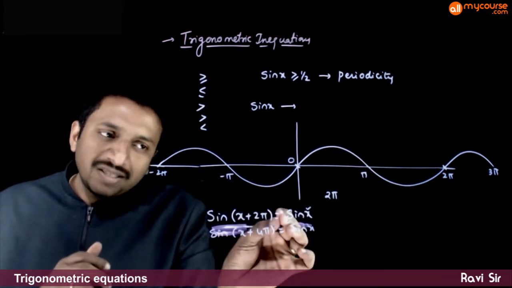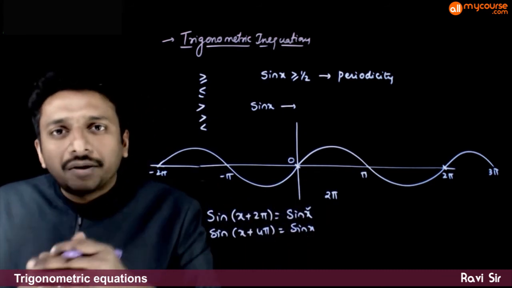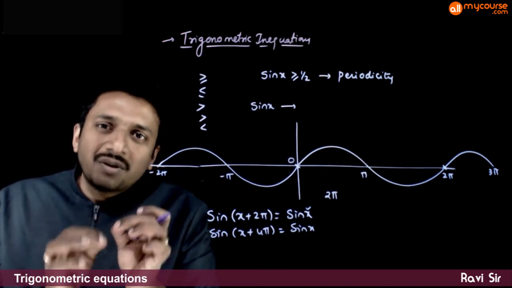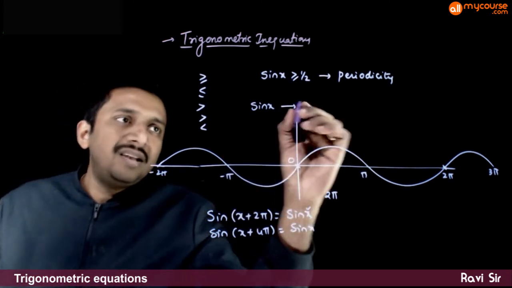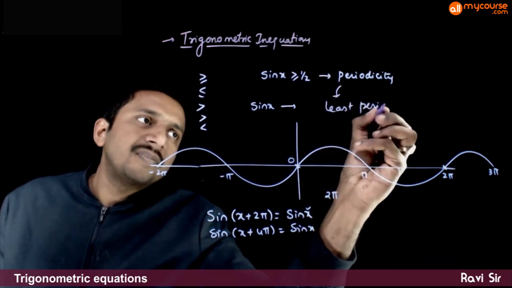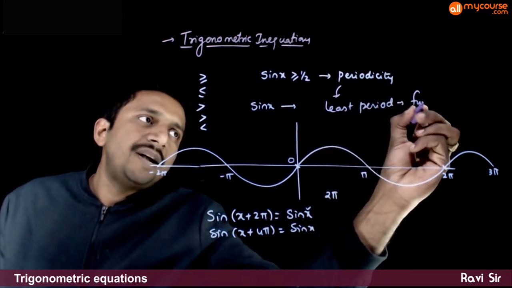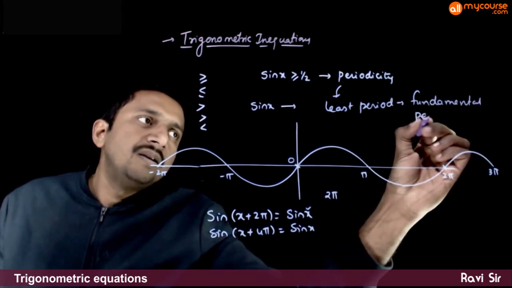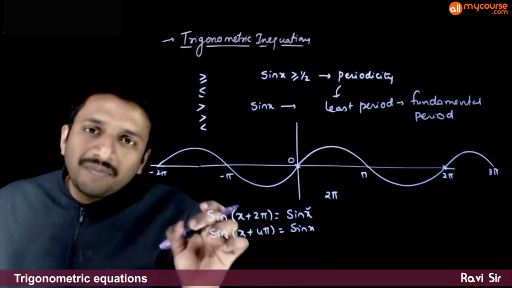Hence, if 2 pi is a period, all multiples of 2 pi are also periods. And the least of all these periods is called the fundamental period. So for sin x, the fundamental period is 2 pi.